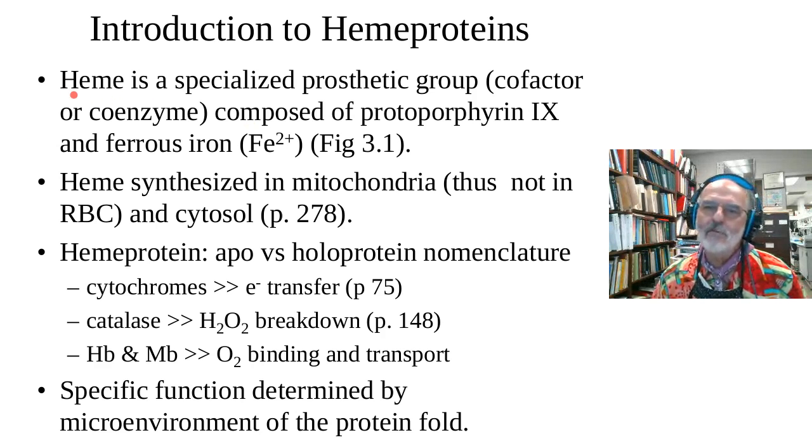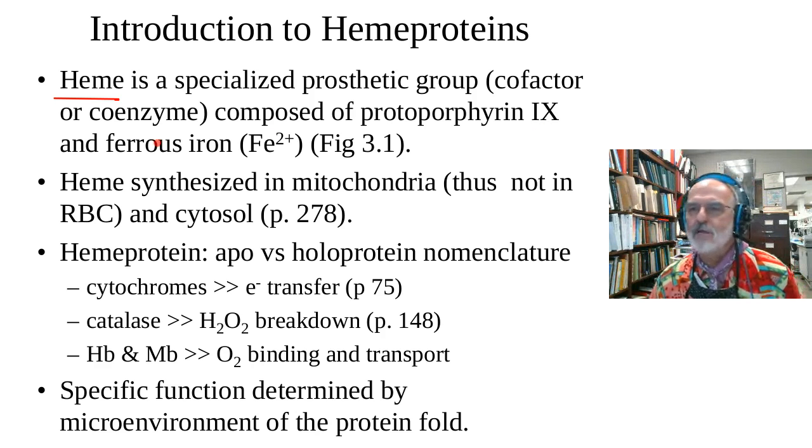Hemoglobin has a group, a prosthetic group known as a heme. It's a specialized prosthetic group. It can be referred to as a cofactor or a coenzyme. I'm not going to make a distinction between those. Other times, books do make a distinction between what they mean by a cofactor and a coenzyme. The heme is composed of something called protoporphyrin 9. I'll show you a picture soon.